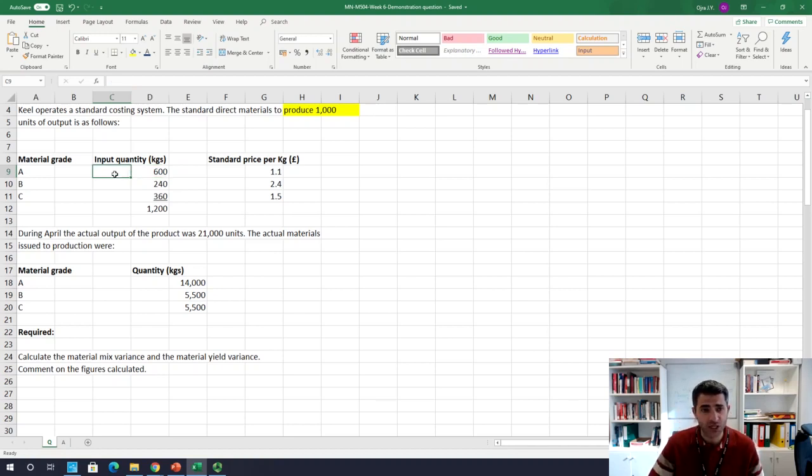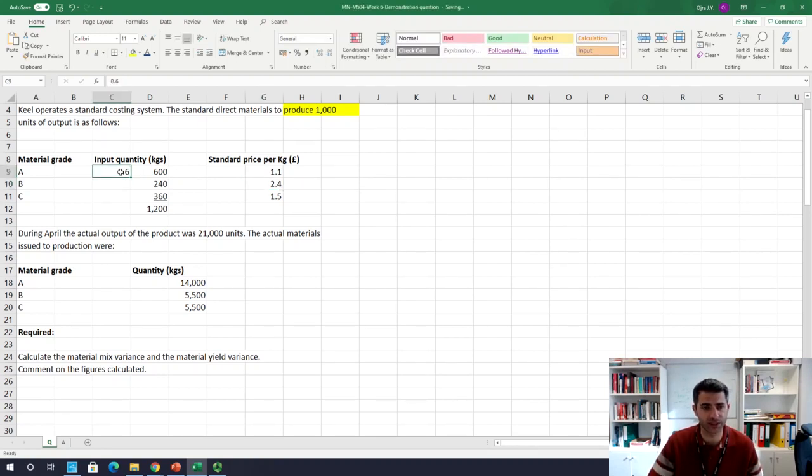Let's do it now. So 600 kilogram, if you divide it by 1,000 units, that will give you 0.60 kilogram. That's for 1 unit.